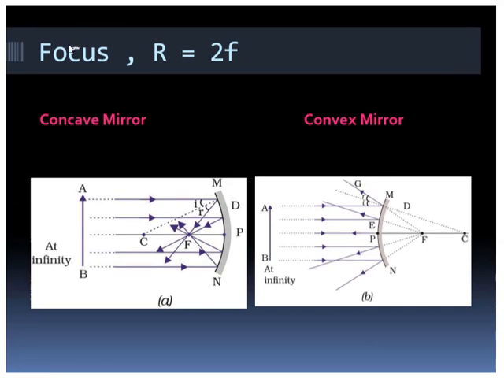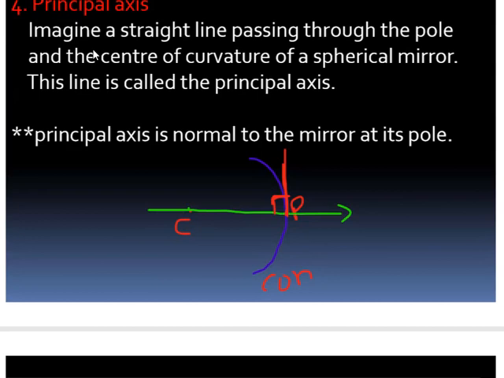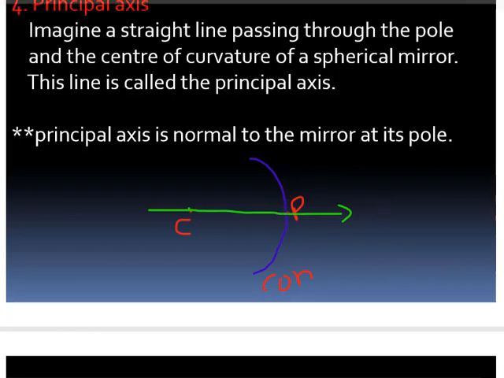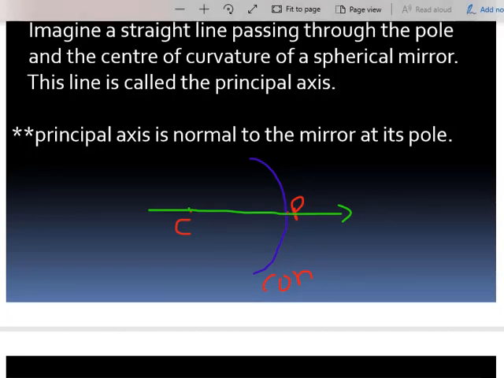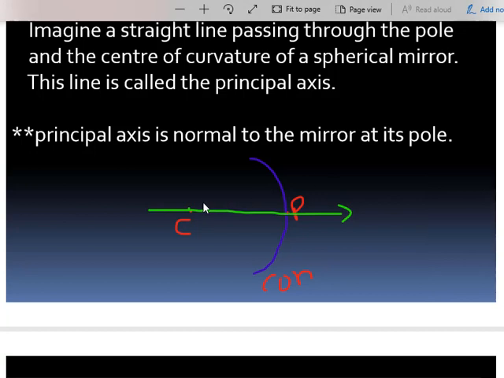Next point is focus. So what is focus? Let me explain here, then after that we will come to this diagram. Now see, as I told you about the incident ray, suppose this is an incident ray.